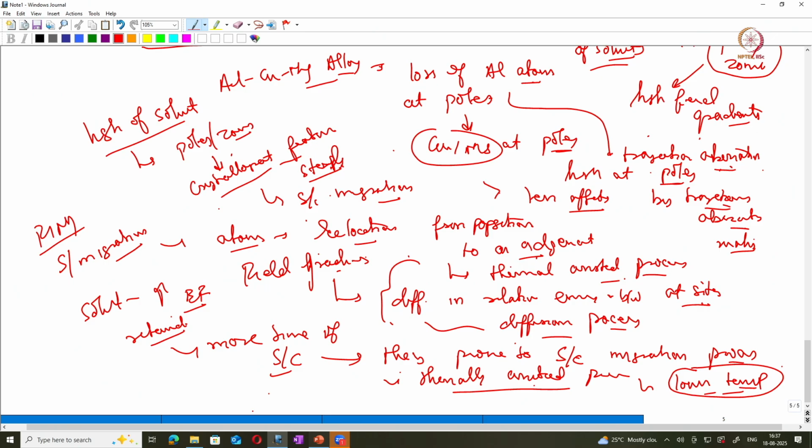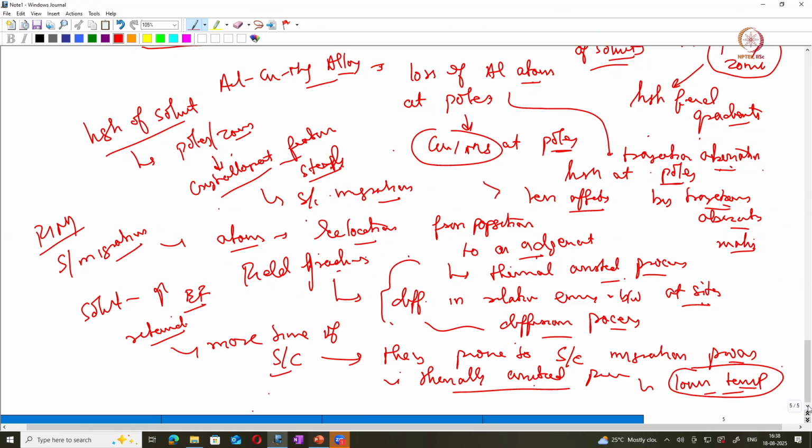Also, these field gradients can assist the diffusion process. Solutes having a higher evaporation field are retained and stay on the surface for a longer time, and can diffuse along these zone lines or poles. It is a thermally assisted process that can be minimized by lowering the temperature. However, even at lower temperatures, due to the trajectory aberrations, there will be some inconsistency in the reconstructions.